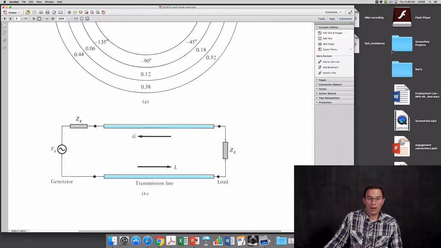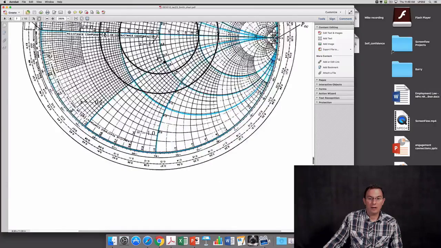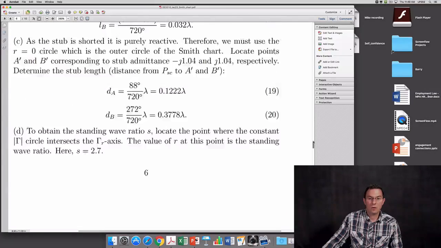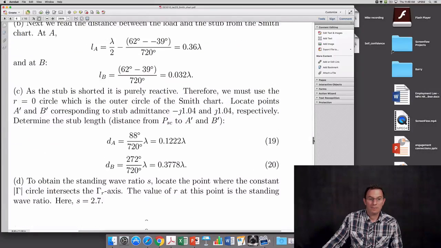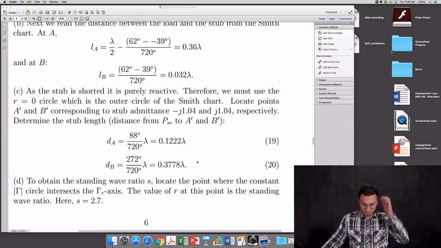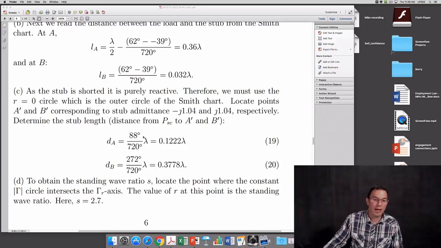Again, we want to look at everything in terms of wavelengths. So we divide the 88 degrees there for A prime by 720. That turns out to be 0.12 wavelengths. And then the match at, or sorry, excuse me.